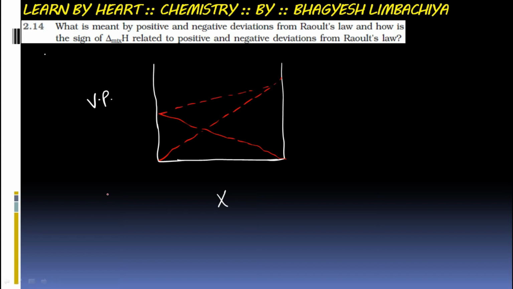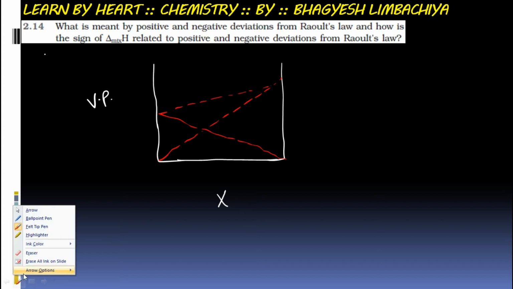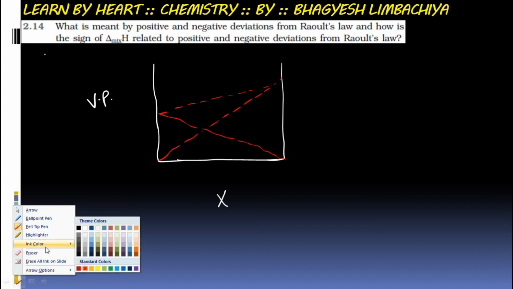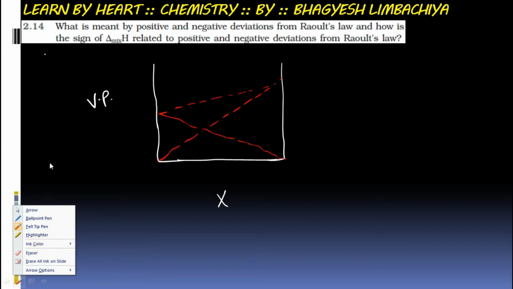All these lines must be straight, but whenever positive or negative deviation occurs, a straight line is not obtained. So now we will study this point by the graphical method.